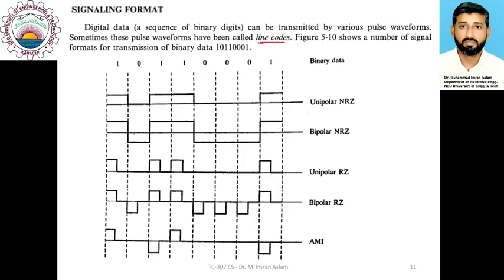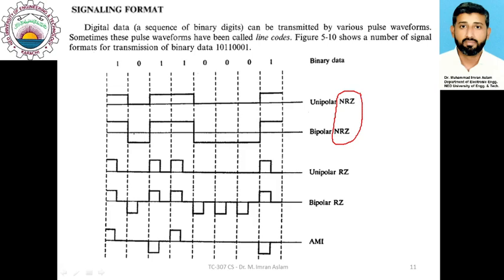However, it should be understood that we need to use two different pulses in order to represent two different binary digits, that is 1 and 0. So basically we need two different types of pulses, one to represent binary 1 and another to represent binary 0.